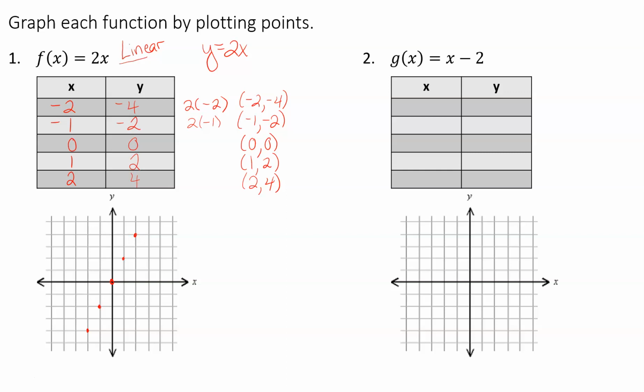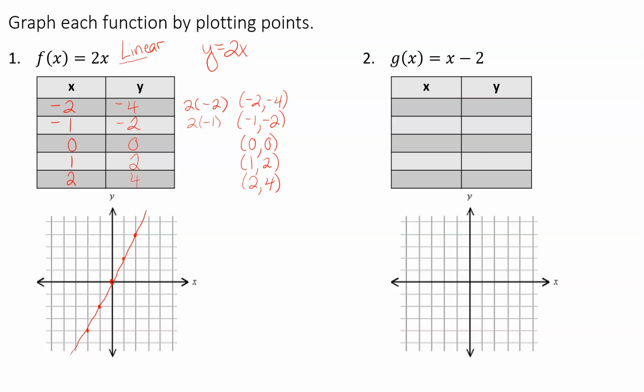So like we said before, the shape's going to be a line. If you have a straight edge, I would set your straight edge right up against your points and draw your line. Make your line extend beyond the points, because these 2 points here and here are not end points. The graph keeps going past those. I do not have a way to make my lines very straight using what I'm using to do this video, so bear with me and we'll try to make it as straight as possible.